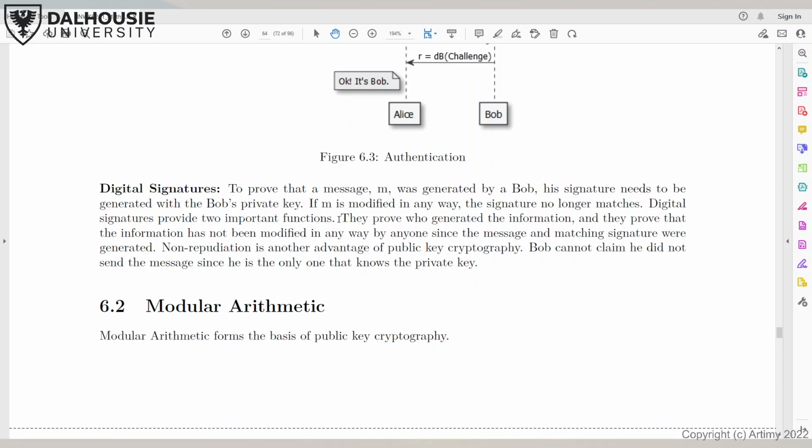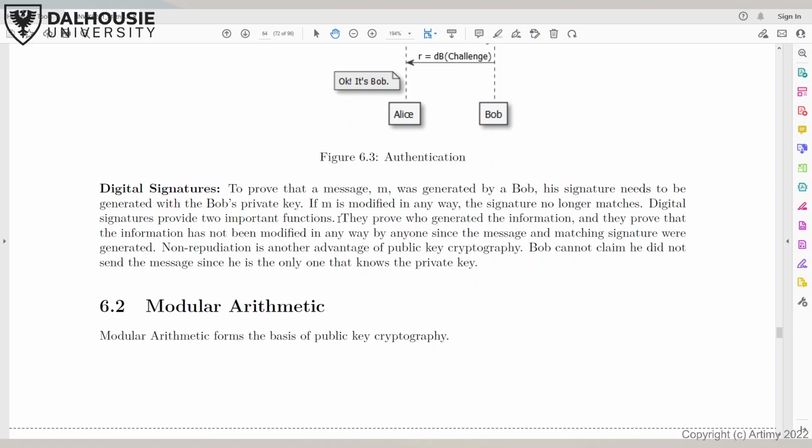So if you receive a message from me with my digital signature, what do you do? You know my public key, so you hash the message, and you decrypt my signature, and if the hash that you get and the decrypted signature are the same, you know that it's coming from me, and you know that it's not tampered with.